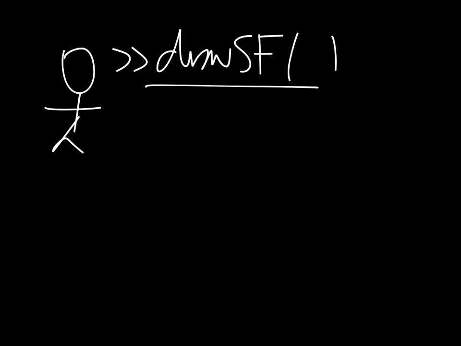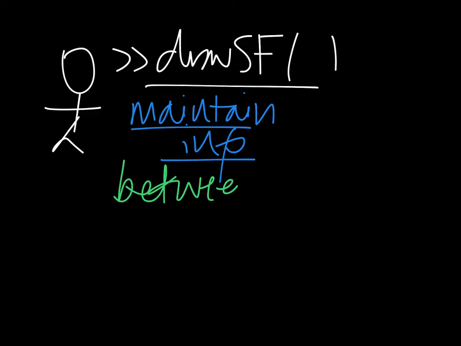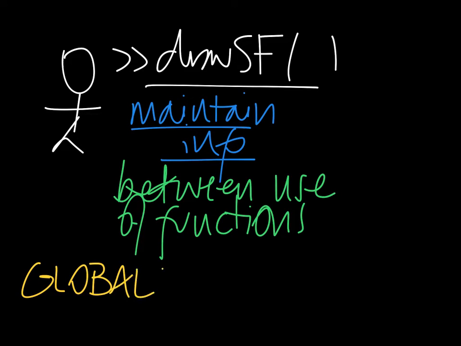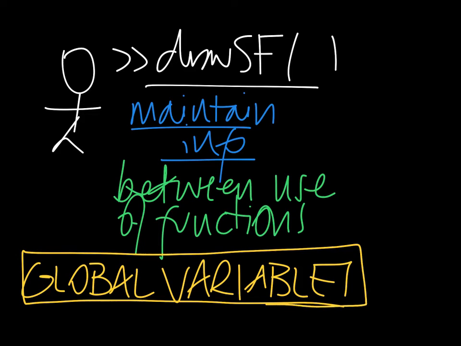But what we really want to do is be able to maintain information between uses of functions. Now, those of you, and some of you have already tried this, there is a way of declaring global variables. I'm not going to linger too much on that, other than to recognize that that is where the real issue is.